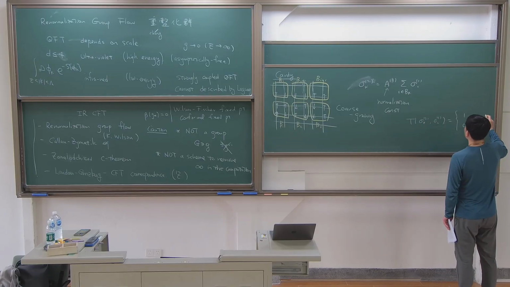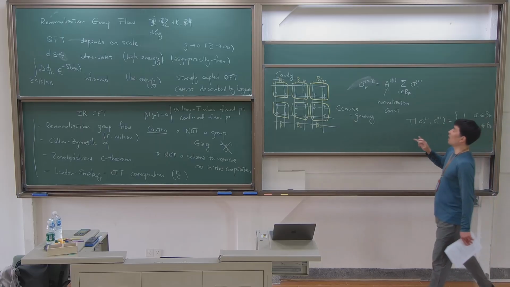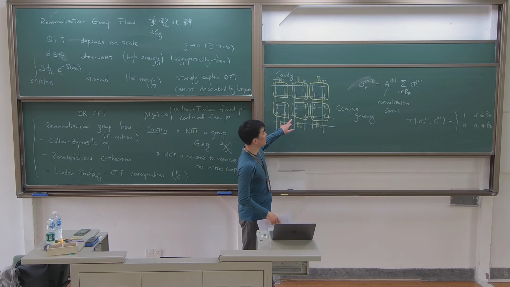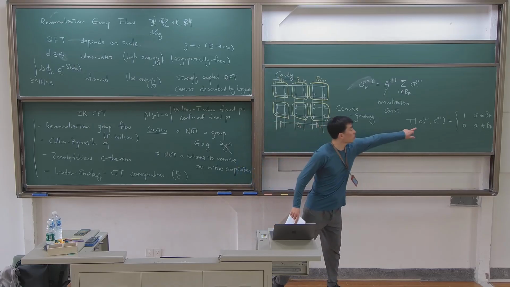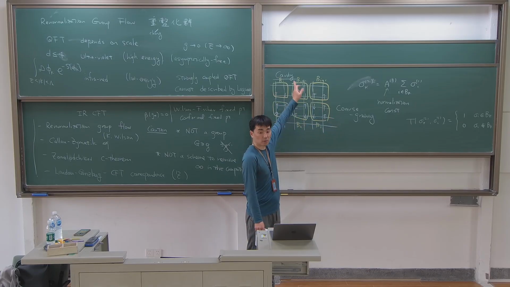So if sigma I is inside of B_k, it is nonzero, but otherwise zero. You just introduce this kind of operator. Say when k equals 1, we only look at these pieces. So the T is 1 only for these four sites, the other sites are 0.